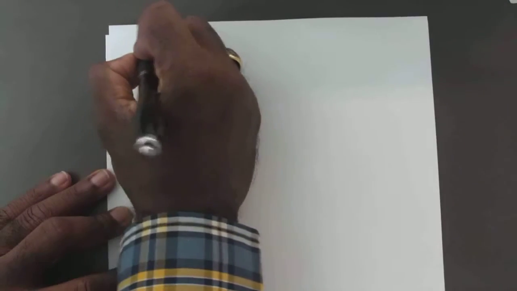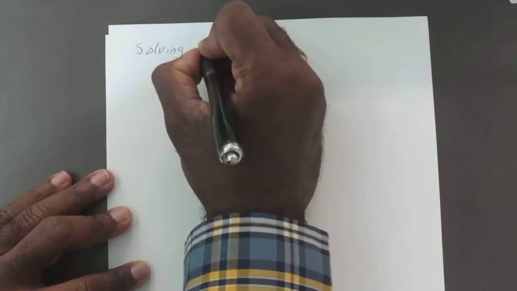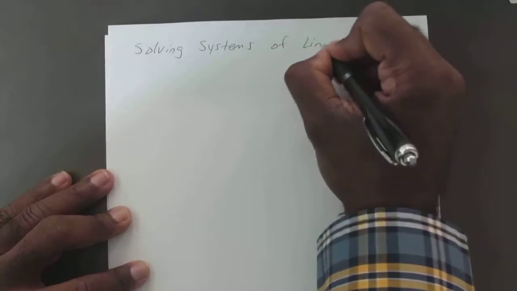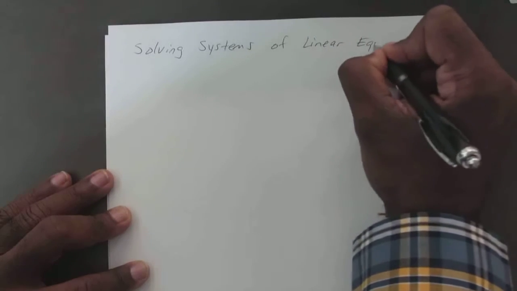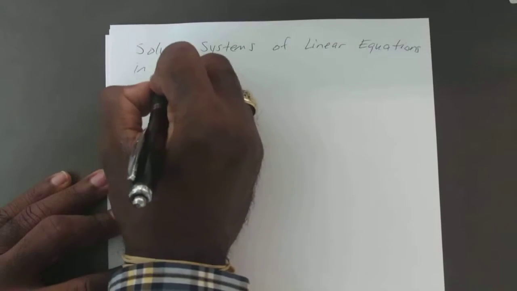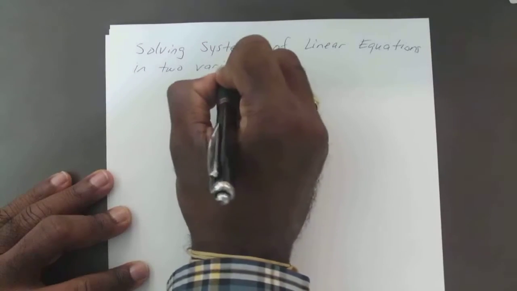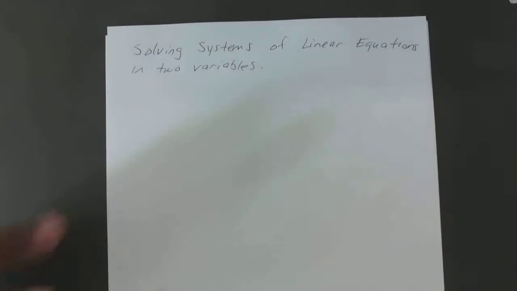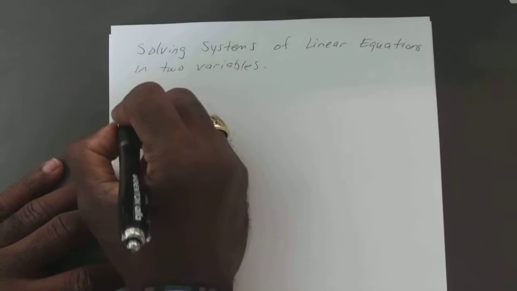So we're going to start with solving a system of linear equations in two variables. Okay, so a system of linear equations is really just two or more equations where they have the same solution, or could have the same solution.